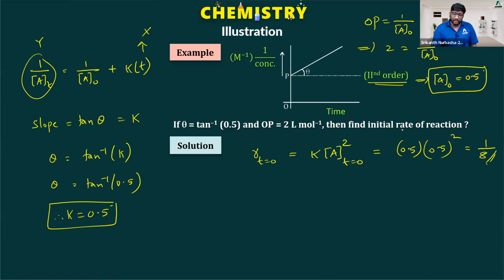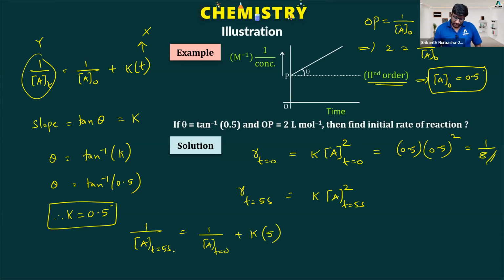Similarly, calculate the rate after 5 seconds. Rate at t equal to 5 seconds is k into concentration of A at time t equal to 5 seconds whole square. What is the concentration of A at t equal to 5 seconds? 1 by concentration of A at t equal to 5 seconds is 1 by concentration of A at time t equal to 0 plus k into time, which is 5 seconds.